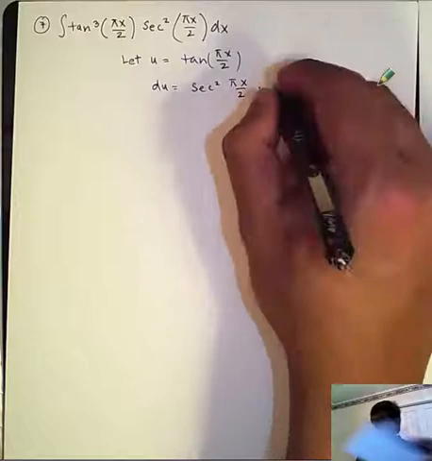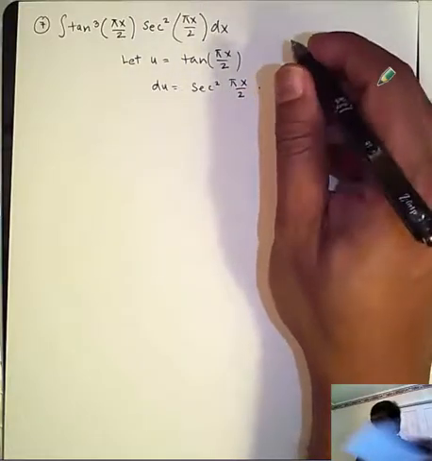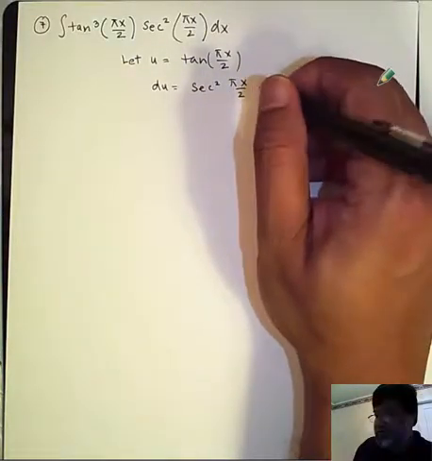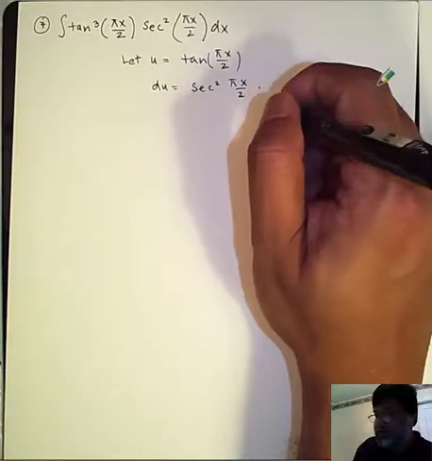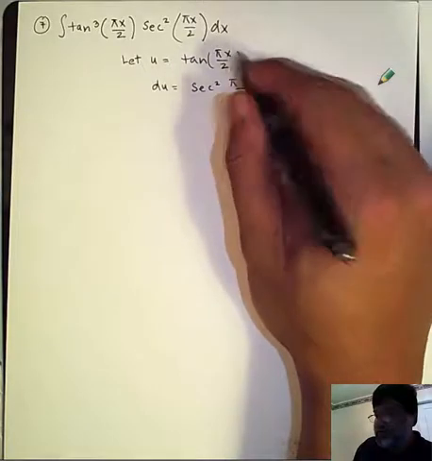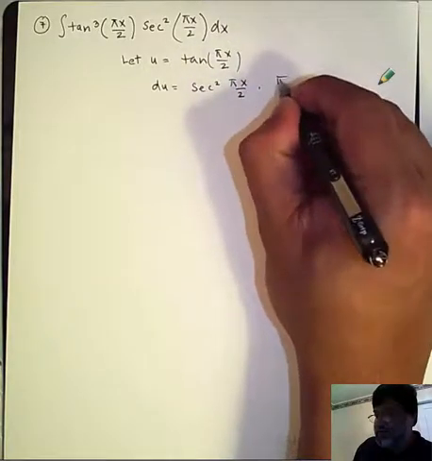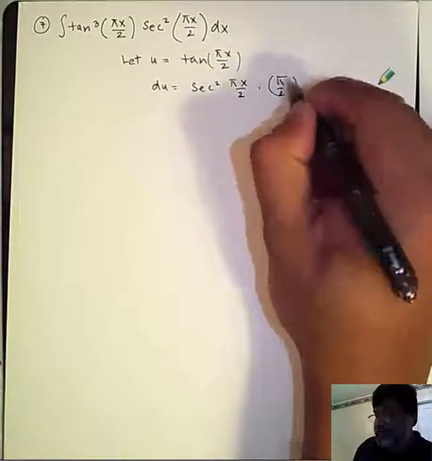So what is the derivative of pi x over 2? It is pi over 2 on the outside.